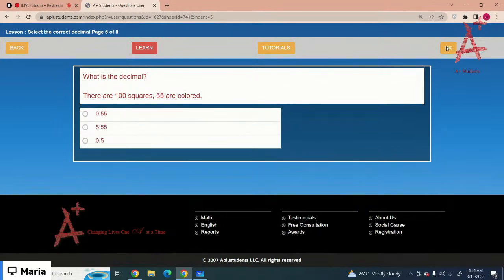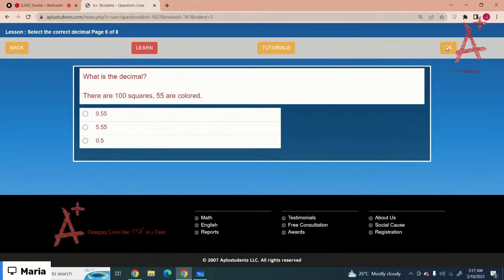Okay, what is the decimal? There are 100 squares, 55 are colored. So which is the decimal? 0.55, 0.5, which is the correct option? You have two zeros in the 100, got it? That means the answer must have two decimal places.